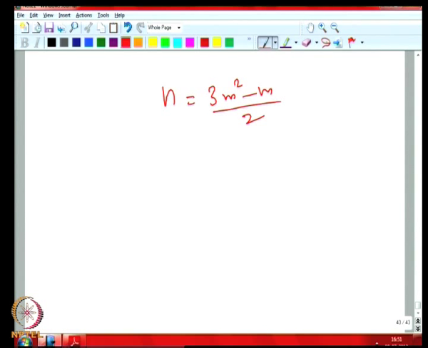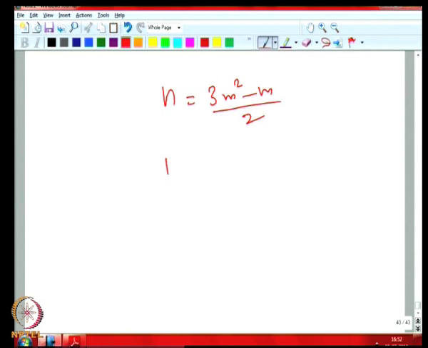One of them will be bigger, that means the number of partitions with distinct parts and an odd number of summands can be more than the other type, that means the partitions with distinct summands and an even number of summands, or the other way, maybe the number of partitions with distinct parts and an even number of summands may be more, but whichever is more, it will be more only by 1. The difference between the two numbers will be only 1, that is what I say.